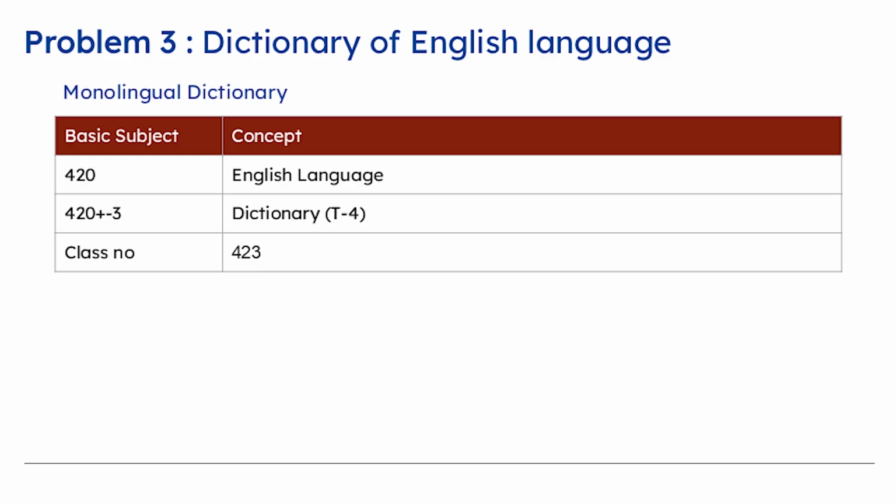Accordingly, we will get the monolingual dictionary class number. We have to add the notation meaning dictionary, obtained from table 4, with the language number. Then accordingly we will get the dictionary number.